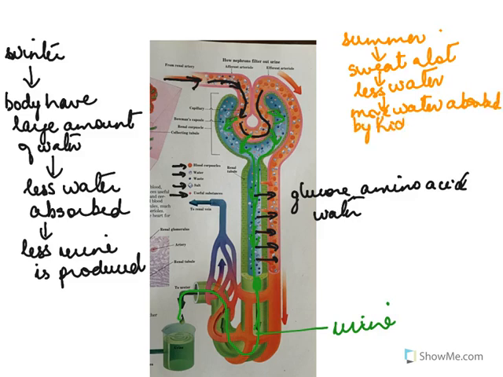The reabsorption of water is large by the kidney. So if more water is absorbed, less urine is produced. However, the amount of urine produced also depends on the amount of minerals that are to be expelled, excreted out of the body.